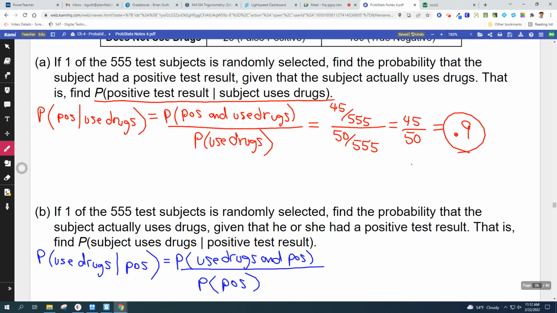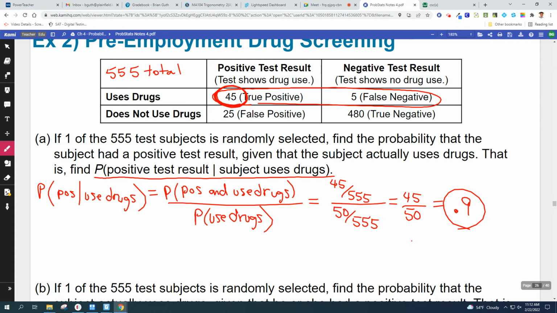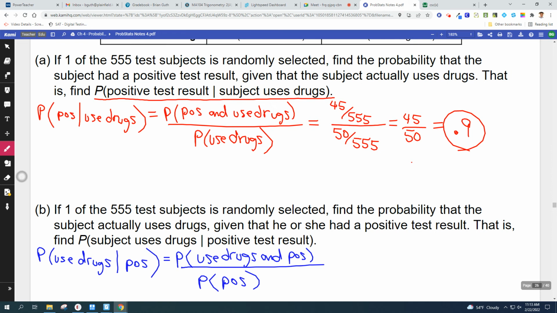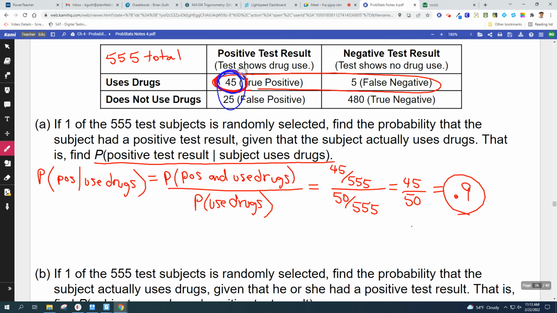So if you go back to that chart, we want use drugs and positive. Use drugs and positive is the same 45. But the bottom says the probability of being positive. Now we need the total. Positive are these numbers right here. 45 plus 25 is what, 70? It's going to be 45 over 70.